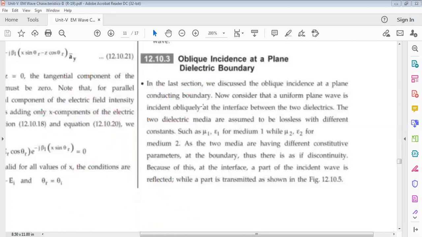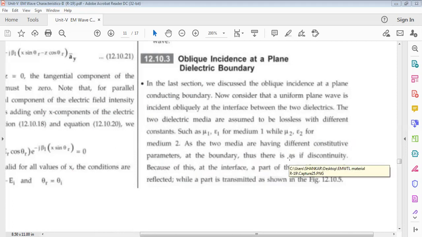Okay. You saw the oblique incidence at a plane conducting boundary in the previous sessions. Now consider a uniform plane wave incident obliquely at the interface between two dielectrics. The two dielectric mediums are assumed to be lossless with different constants, mu1 epsilon 1 in medium 1, while mu2 epsilon 2 for medium 2. As the two mediums have different constitutive parameters, there is a discontinuity at the boundary.